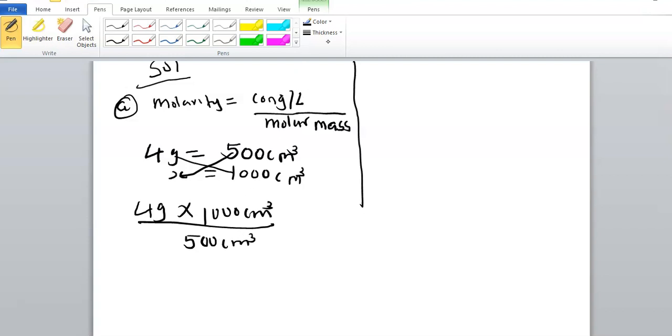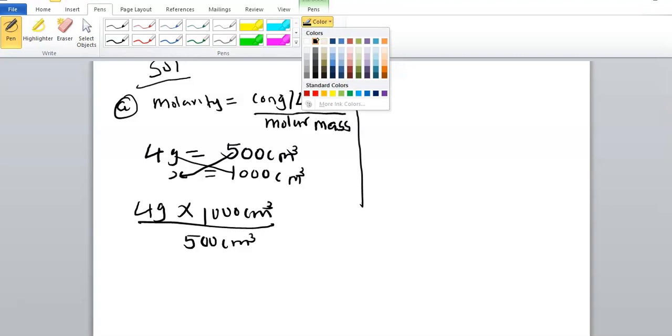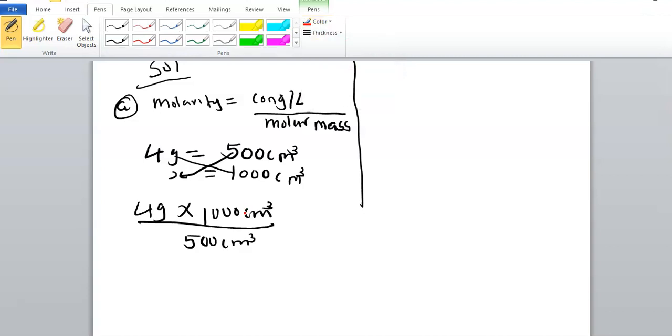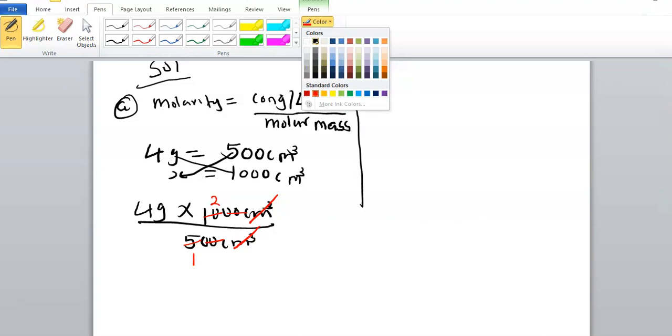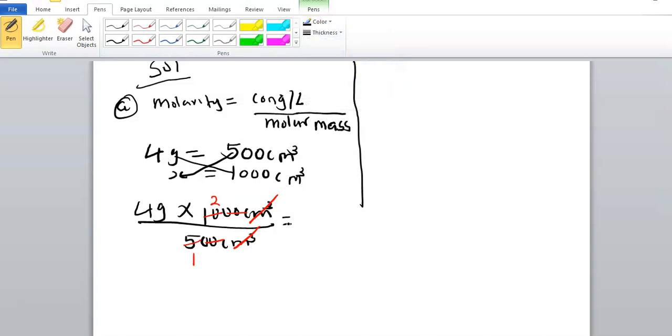The units centimeter cubic and centimeter cubic cancel. Then the zeros cancel, and we have 5 and 10. By 5, 1; by 5, we have 2. So 2 times 4, the result will be 8 gram per liter.